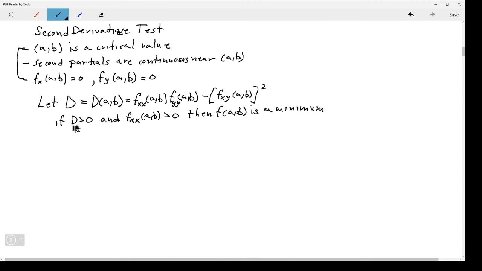So our discriminant function is positive, the second partial of x with respect to x is also positive, then our function has a minimum there.